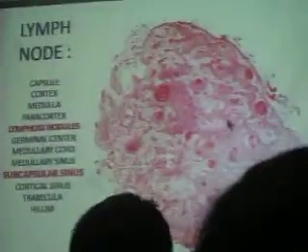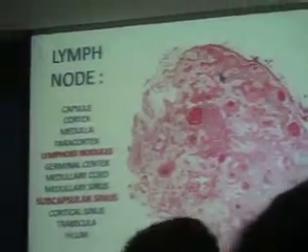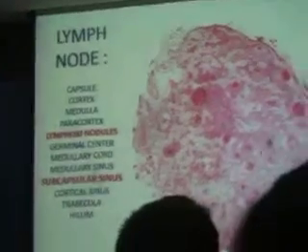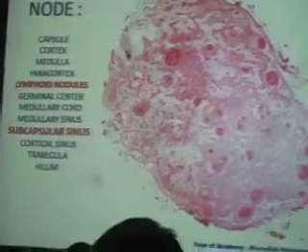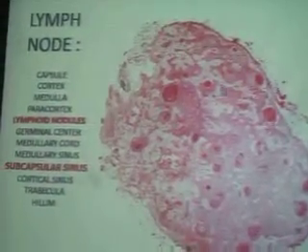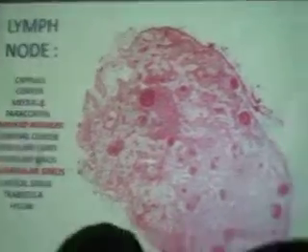Well, I had to connect the two so that I'll have the whole field. So you have the convex portion, the concave portion. Here is your efferent lymphatic vessel. So these are the structures that you have to remember about the lymph node.